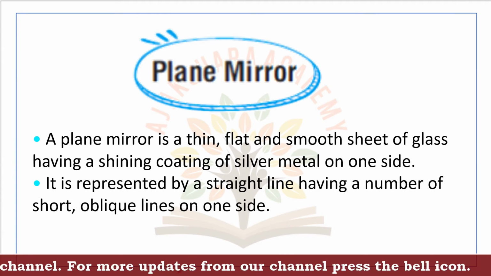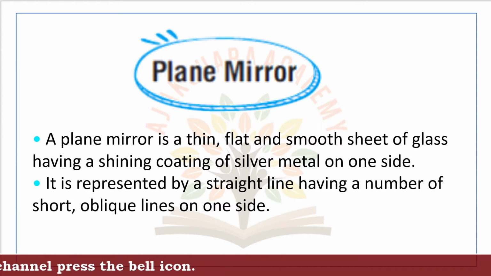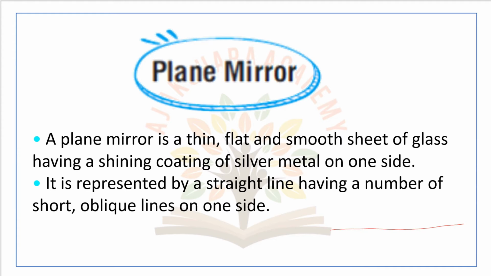So, that straight line represents the polished surface. Suppose this is the straight line and these lines are oblique lines on one side. So, this indicates the polished surface and this side is the reflecting surface.